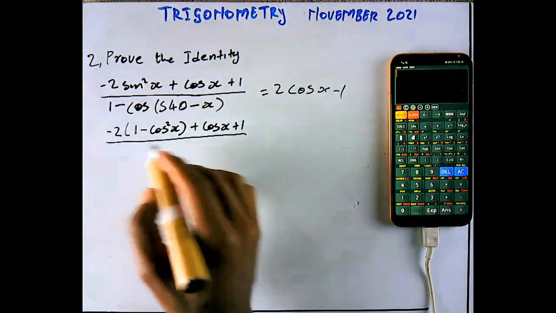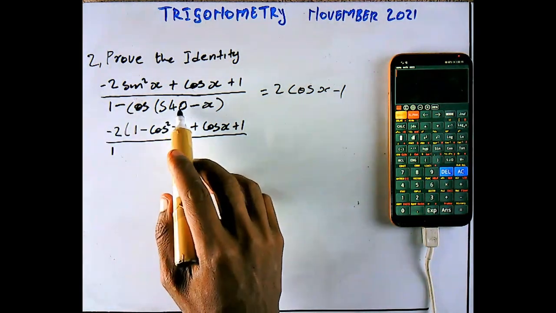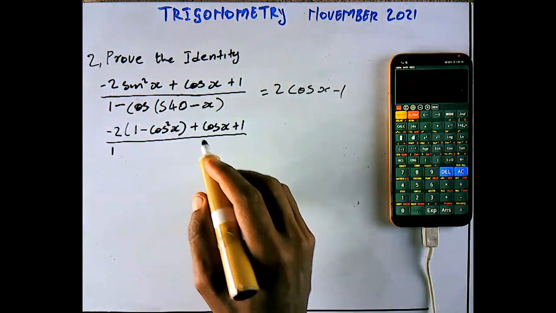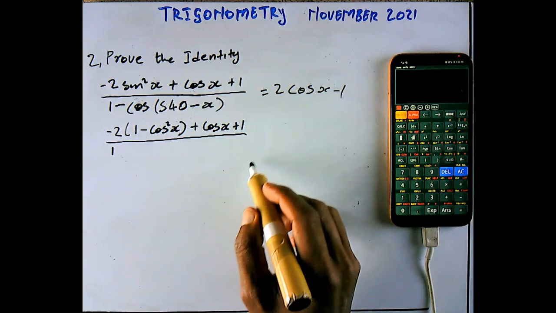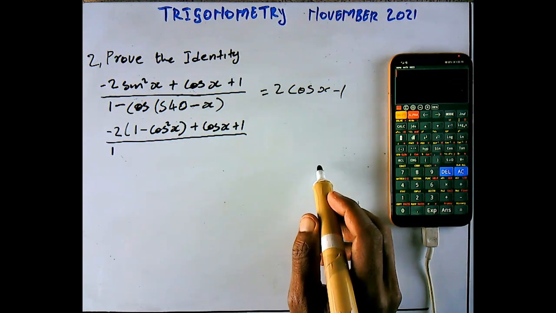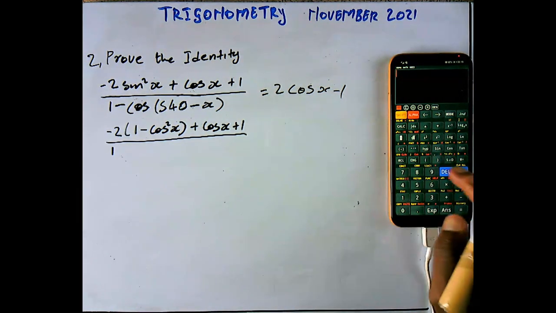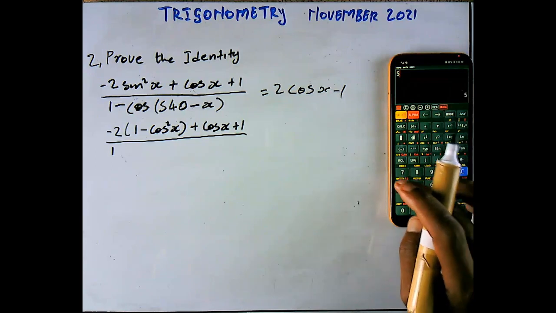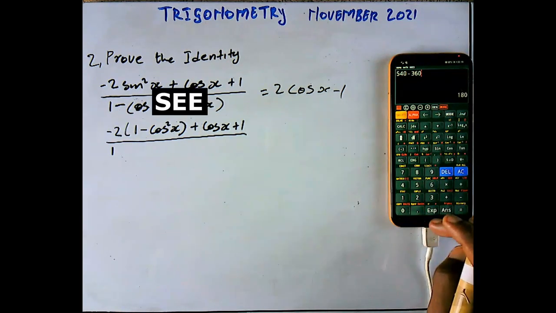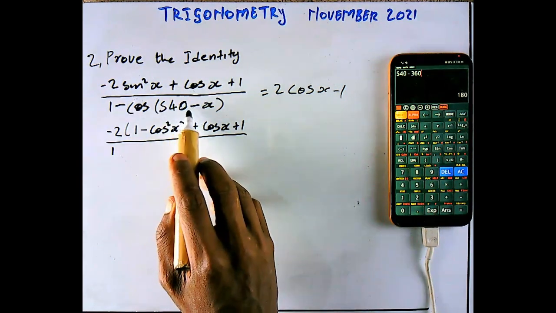Over 1 minus cos (540 minus x). 540 is like the function already made a full cycle. It has returned, it has gone from 360 still going forward. So you can say 540 minus 360 is 180. This one is the same as cos (180 minus x).